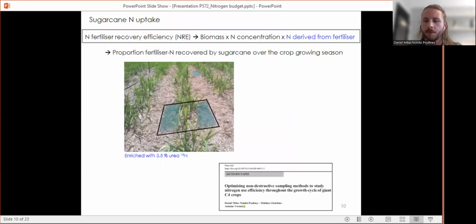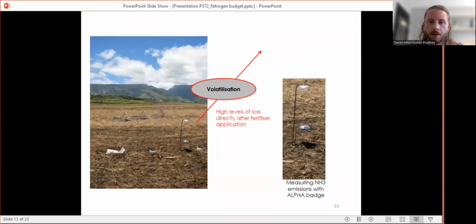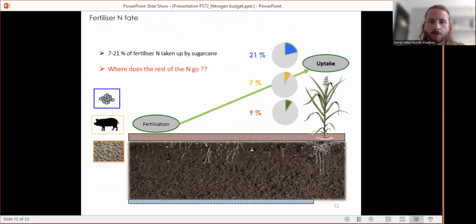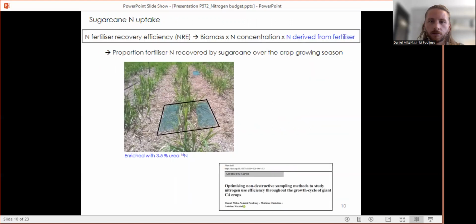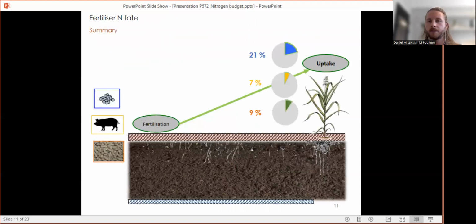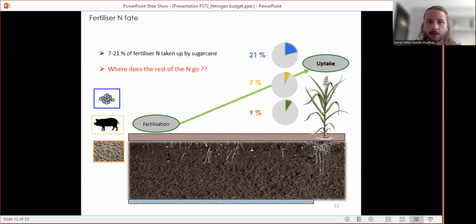We used microplots with labeled 15N urea, and found that about 20 to 21% of urea was taken up by the crop, and around 7% of the pig slurry and 9% of the sewage sludge. So where does the rest of the nitrogen go?